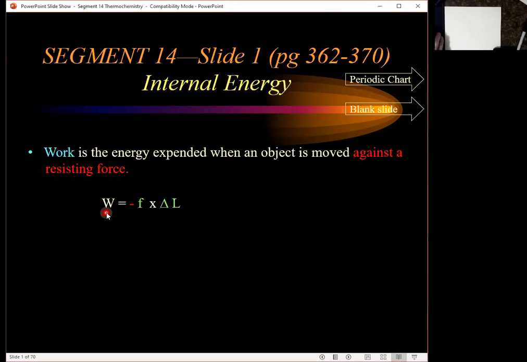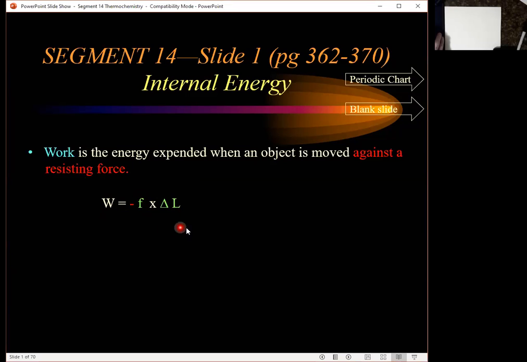The definition is work is minus F times dL, or delta L, the change in the length or distance that we move something when we apply a force to it. Now, there's an important point because it is the resisting force. That's the reason for this negative sign here.